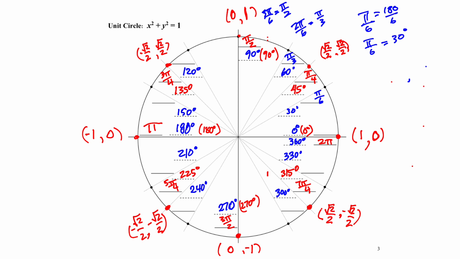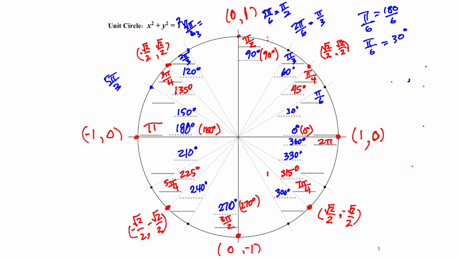Adding another 30 using 6, that's 4 pi over 6. Which reduces down to 2 pi over 3. So we'll put that reduced value in there. And then we go another 30 degrees. We had 4 pi over 6, so this is 5 pi over 6.